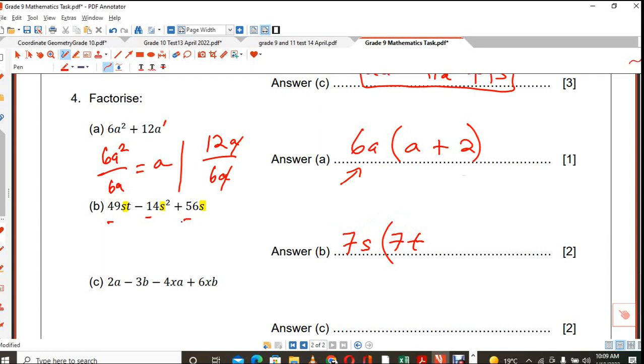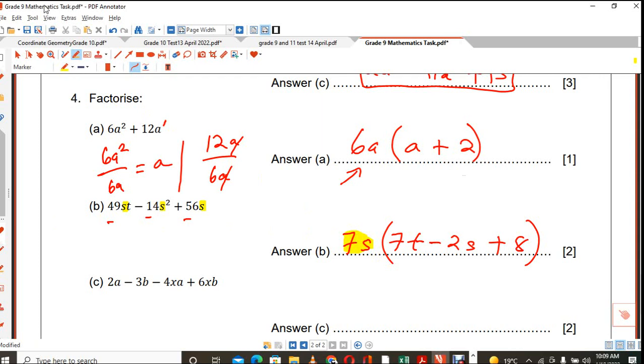So if you multiply back, you should get that term. How many times does 7 go into 14? 2 times. But it's 2s because if you multiply, you should get that 14s squared. How many times does 7 go into 56? Plus 8. That's all that you were supposed to do. So outside, you have 7s.